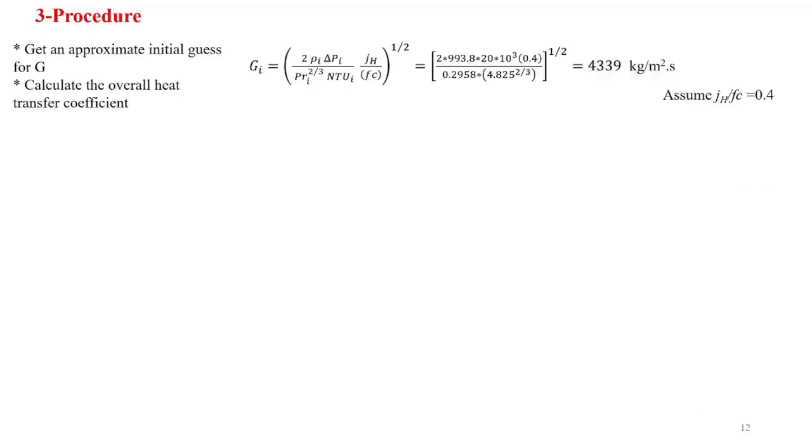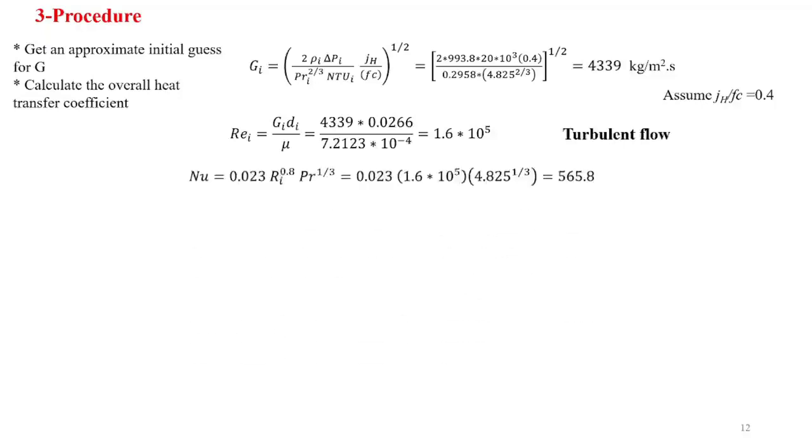Now, once you have this value, you can find the Reynolds number, and also the Nusselt number using the expression for turbulent flow, since we have a turbulent flow here. Reynolds number is 1.16 times 10 to the power 5. Calculating the Nusselt number, you get this value, and then you can calculate the heat transfer coefficient, which after substituting the values is going to be 13,300 watts per meter squared Kelvin.